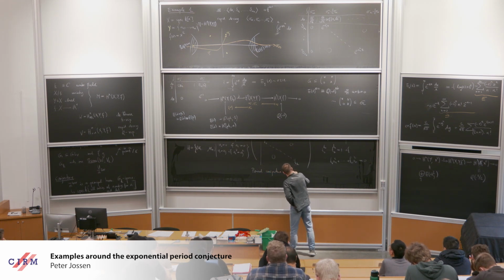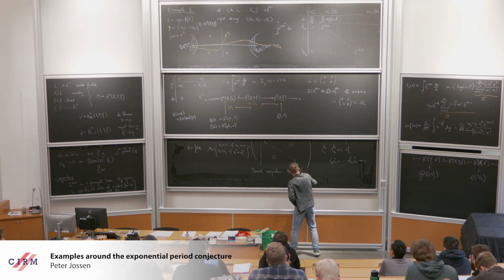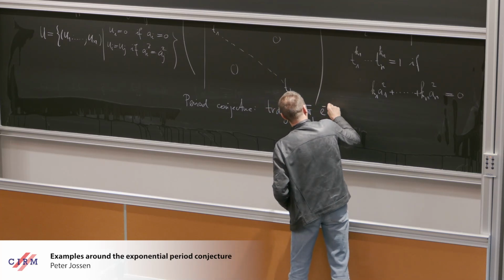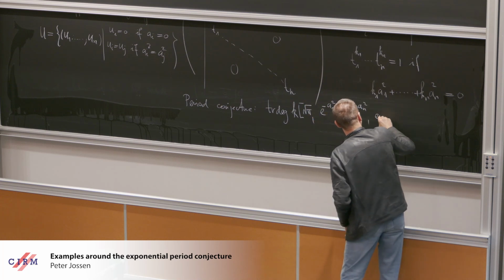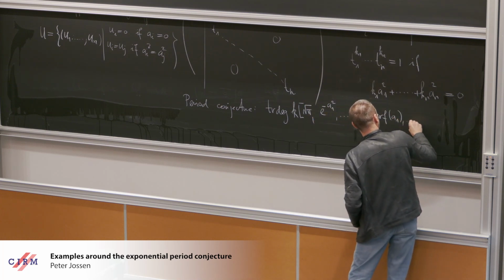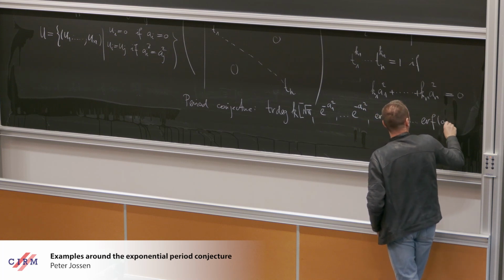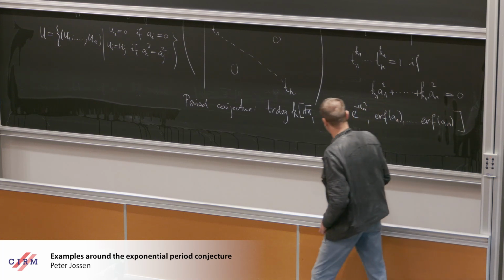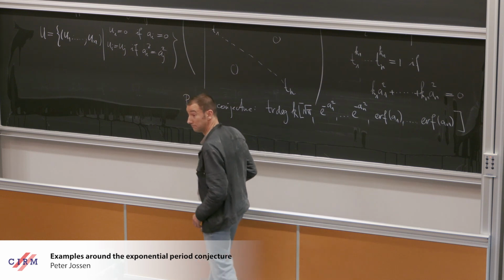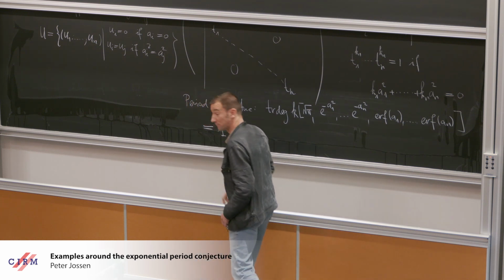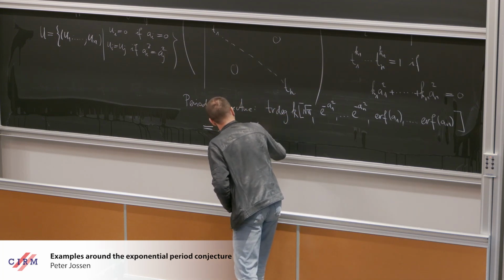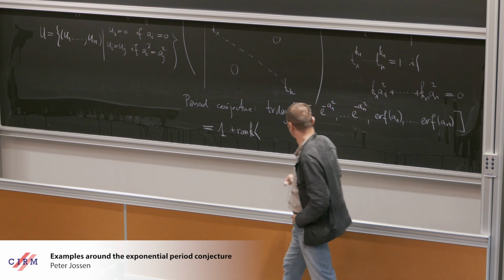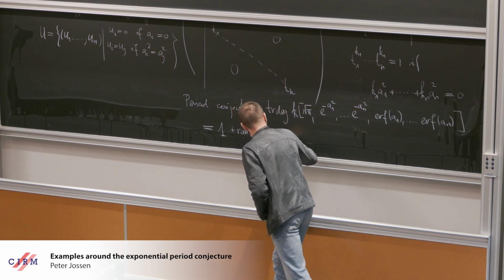The transcendence degree of k adjoined square root of pi, e to the minus a_1 squared, ..., e to the minus a_n squared, and then the error functions of a_1, ..., a_n, all of this is equal to 1 for the pi plus the rank of the group generated by a_1 squared up to a_n squared.